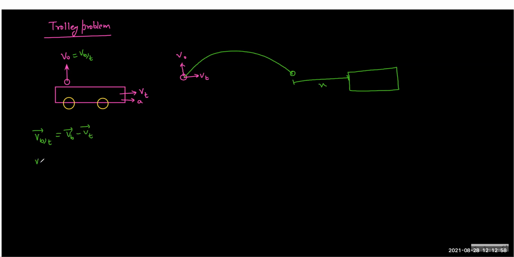What is VBT? It's v naught j cap. What is VT? It's VT i cap. So what is VB? v naught j cap plus VT i cap. The ball velocity is along horizontal also and along vertical also.